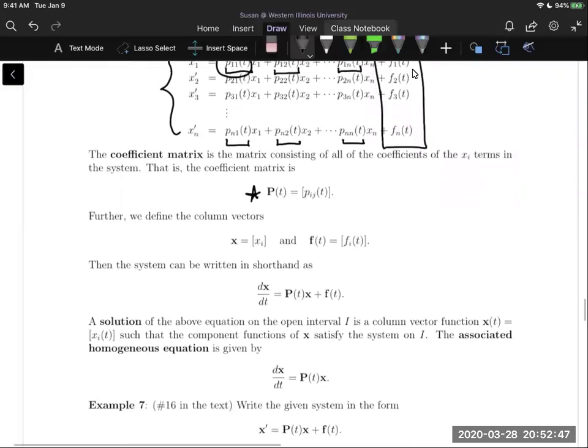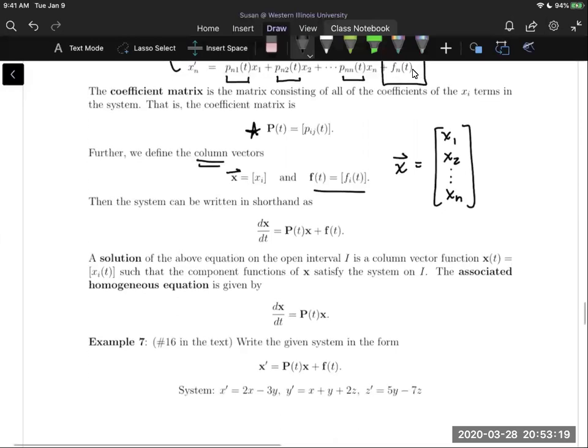We can also define the column vectors. I just want to emphasize that x, and it's bolded because it's a vector, so you could put a vector hat on top, is the column vector of the xi's. So in other words, we're going to say x is x1, x2, down to xn. And similarly for the f of t external functions as well.